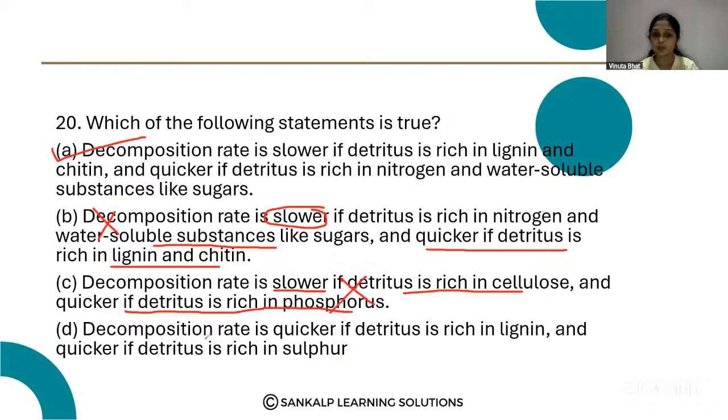And the decomposition rate is quicker if the detritus is rich in lignin. No, if lignin is there, then the process will be slower. And quicker if the detritus is rich in sulfur. No, if sulfur is there, then also the process will be slower. So option D is also wrong. So for this question, option 1 is the correct answer.